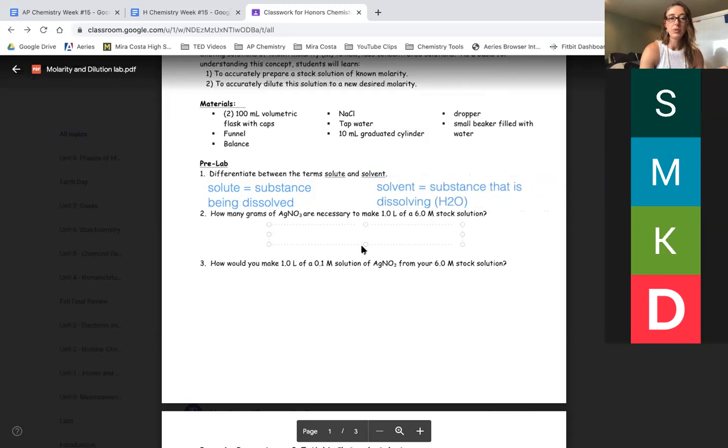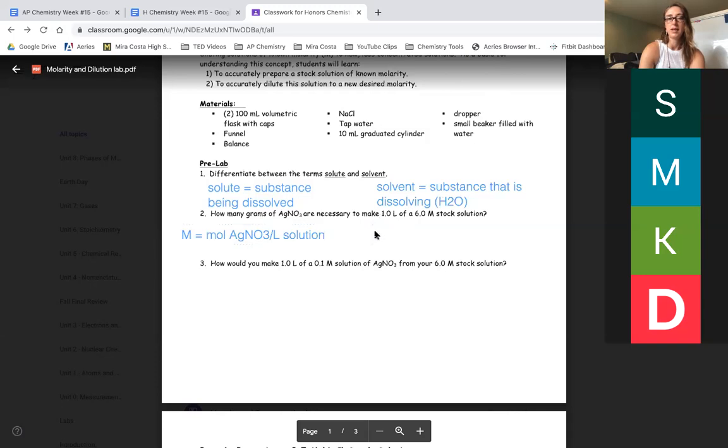Next one, how many grams of silver nitrate are necessary to make 1 liter of a 6 molar stock solution? Okay, so here I've got my equation. Molarity is moles per liter, right? So start over there. Molarity equals moles of, in this case, it's going to be silver nitrate per liter of solution. So I've got my 6 molar, and I want 1 liter of it.